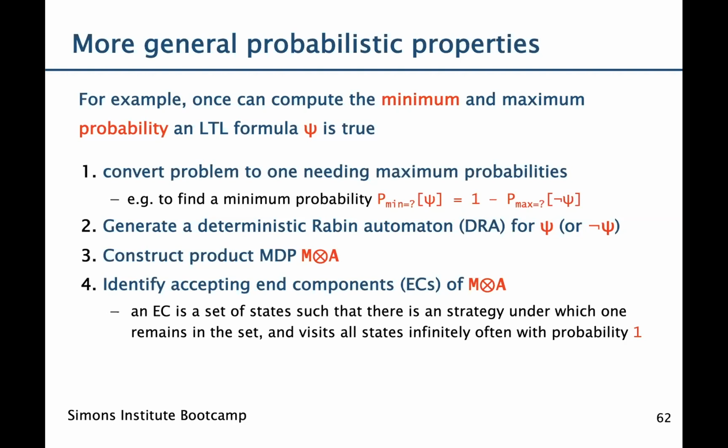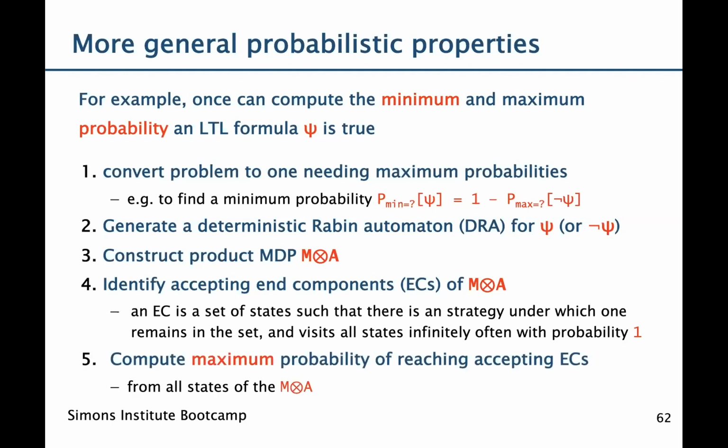An end component here is a set of states such that there is a strategy under which one always remains in the set, so that with probability 1 under that strategy, we stay in that set, and we also require that under that strategy every state in that set is visited infinitely often with probability 1.